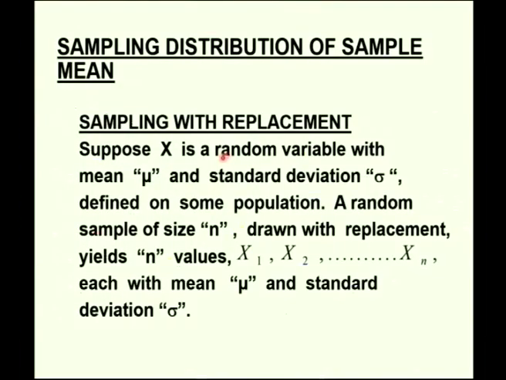Each sample value becomes independent in this case. Suppose x is a random variable with mean mu and standard deviation sigma defined on some population. A random sample of size n drawn with replacement yields n values x1, x2, etc. up to xn, each with mean mu and standard deviation sigma.